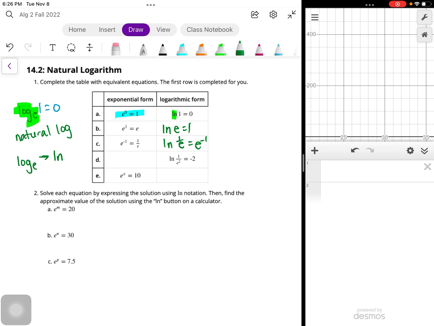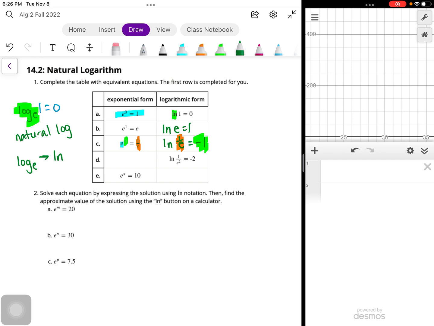Oh, no, that's not right. Sorry, it's the negative 1. It's the exponent. All right, so again, this is the natural log piece. And then this is what you're taking that natural log of. And then the exponent is what that equals.